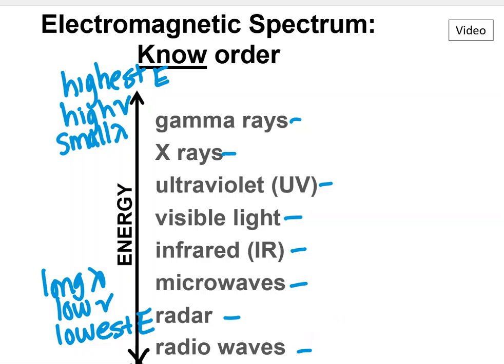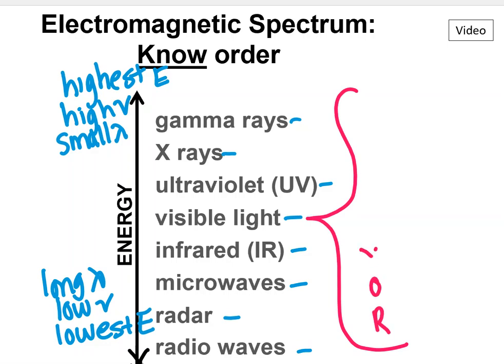We need to say more about the visible light because you need to know the spectrum. And maybe you learned Roy G. Biv. I'm going to write that. Okay, notice I wrote it kind of upside down because I wanted to put the highest energy type at the top. So let's fill these in.